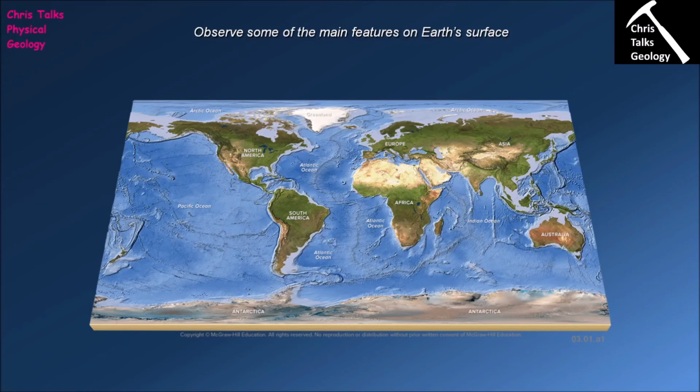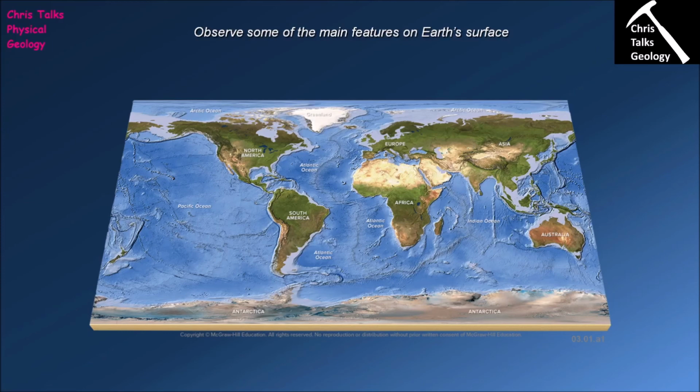So to sum up, we can see that the Earth's surface is a very, very variable area, and all the areas have lots and lots of different traits to them. As geologists, we have to be able to come up with a process to explain what we are seeing, and the process we're going to use is plate tectonics.